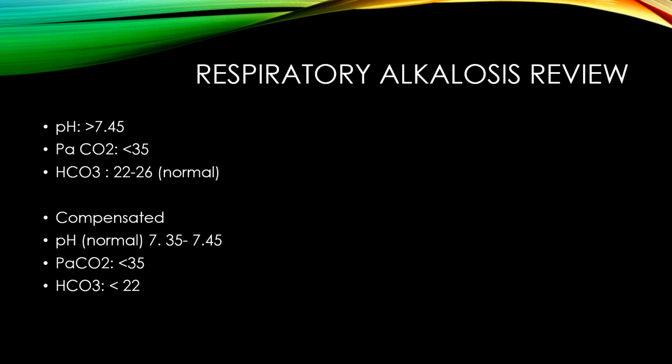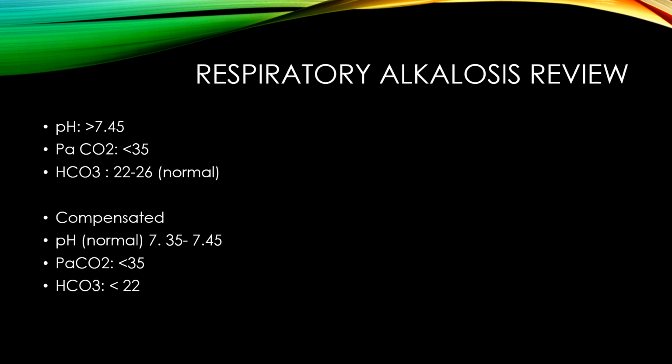Bicarb will be within normal range, 22 to 26, because the kidneys are going to take a long time to actually start compensating. Now, in the event that it continues and compensation does begin to occur, then our bicarb is going to start to drop because the kidneys are getting rid of that bicarb to help bring that ratio of bicarb and carbonic acid back into balance.